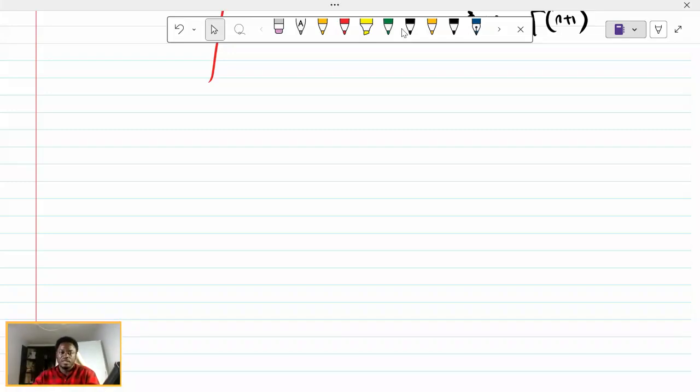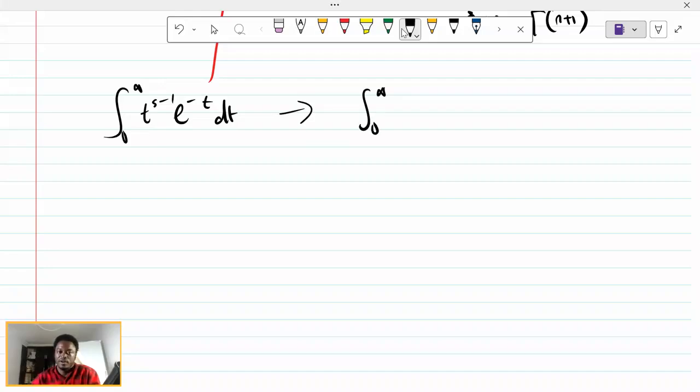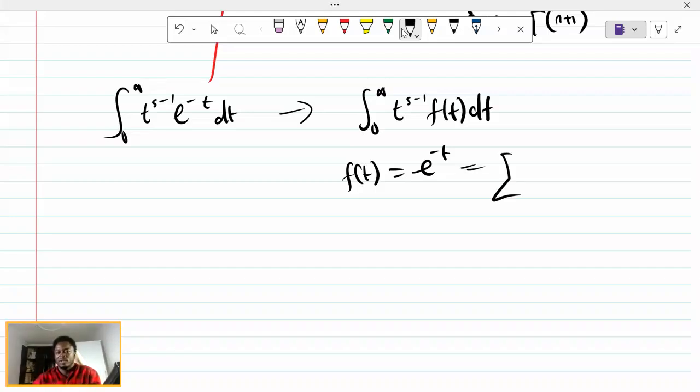So the first example is the integral from 0 to infinity of t to the s minus 1 e to the negative t dt. Now, this is obviously in the form of the integral from 0 to infinity of t to the s minus 1 f of t dt, where f of t is equal to e to the negative t. And we can find the expansion of e to the negative t. We already know this is equal to the sum as n runs from 0 to infinity of negative x to the n over n factorial.